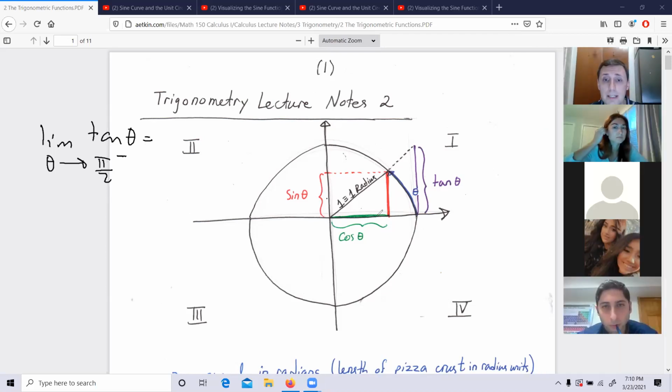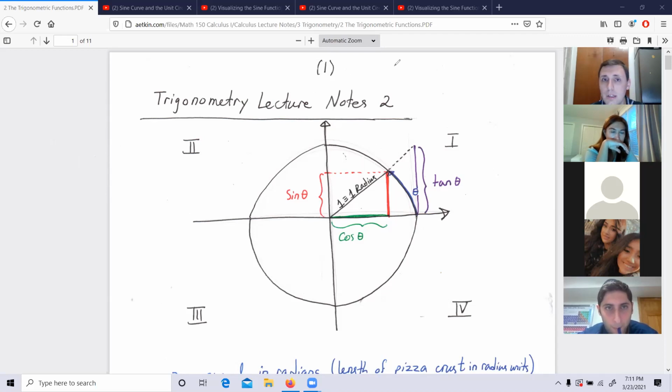Arithmetically, what happens is that the green curve, look at it. I'm just going to erase it. Yes, it increases to infinity, because look at it, guys. What happens here is a slightly bigger angle. The green is getting shorter and the red is getting longer.